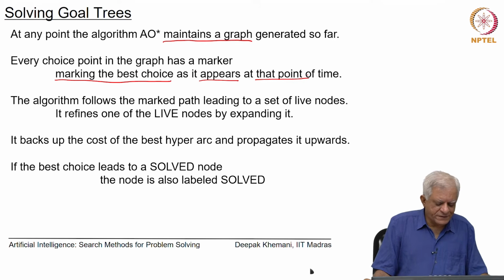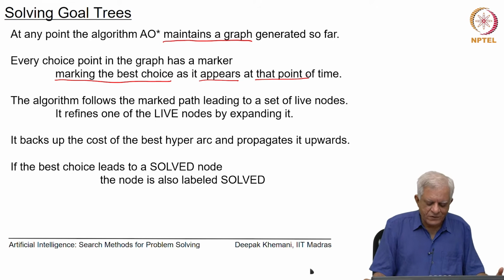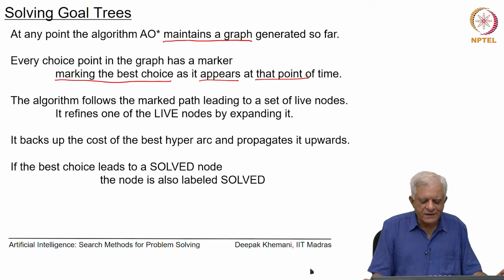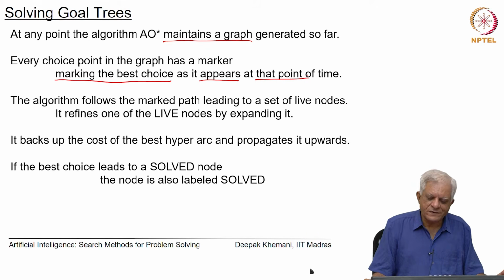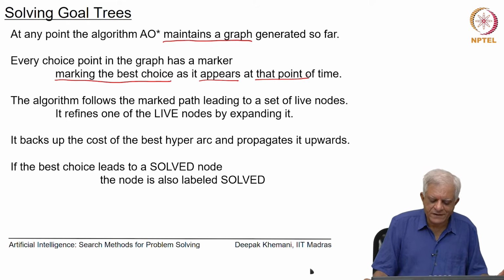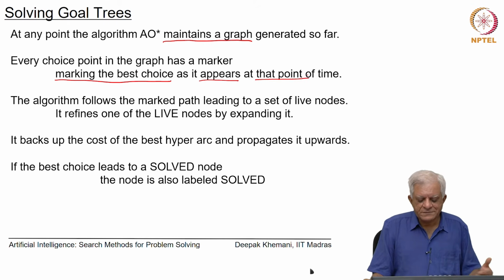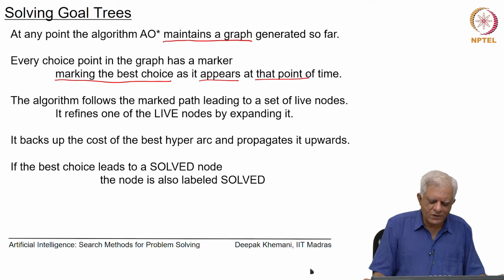In the special case when the best choice leads to a solved node or a set of solved nodes, if it is an AND edge, then the node is also labeled as solved. So, in this way, the label solved will propagate upwards into the graph. Again, this is similar to what was happening in the SSS star algorithm, where we propagated solved nodes from leaves towards the root essentially.